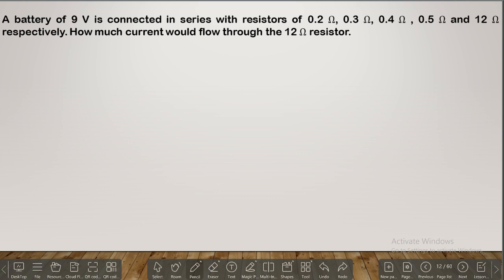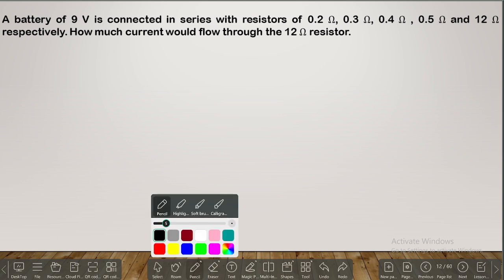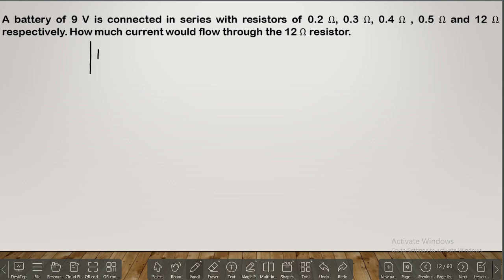Now the next question: a battery of 9 volt is connected in series. What is the potential difference of the battery? They said it is 9 volt. It is connected in series with resistors. Totally how many resistors are there? 1, 2, 3, 4, 5 resistors: R1, R2, R3, R4, R5.